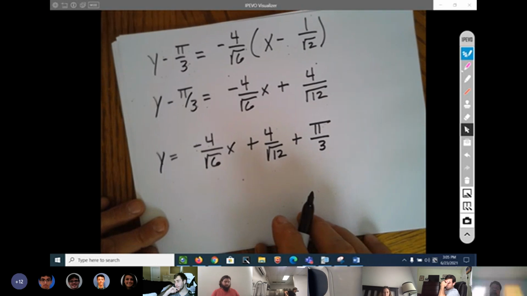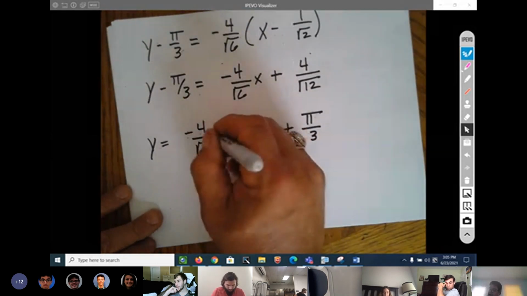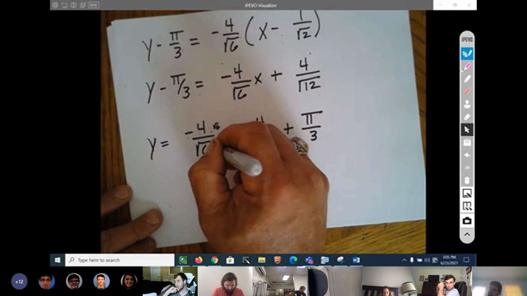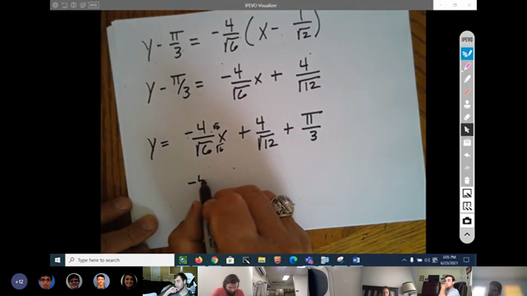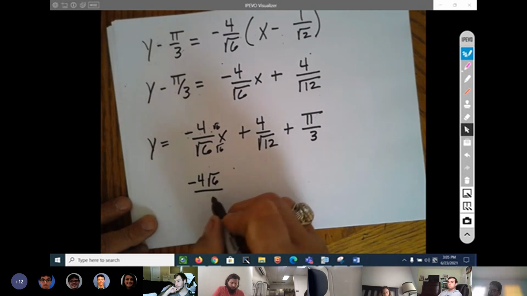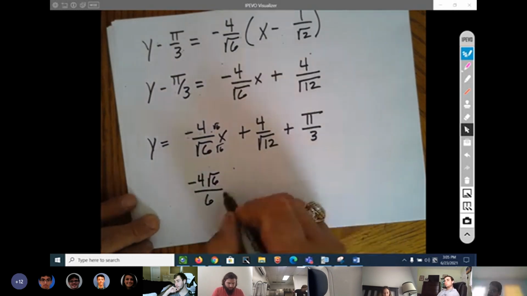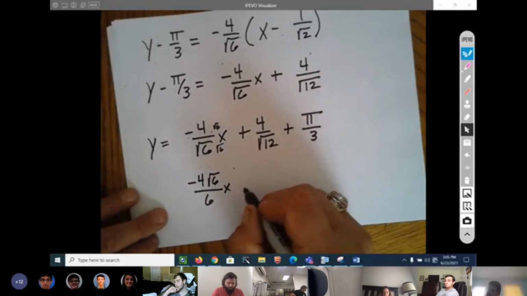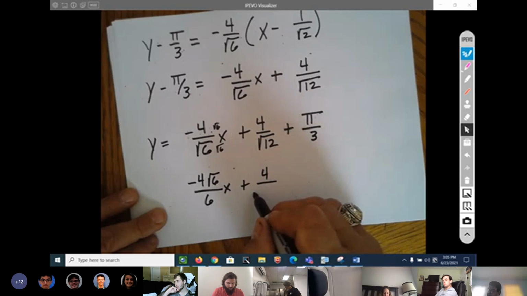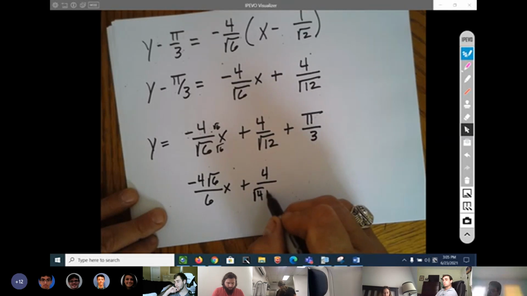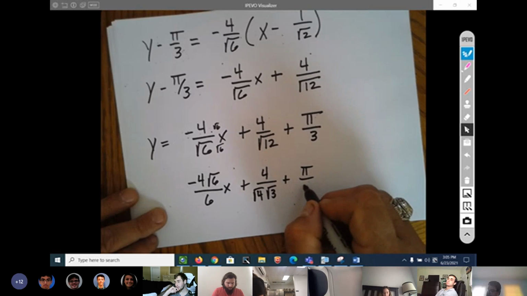And we could try to manipulate this a little bit. I would multiply this by the square root of 6 over the square root of 6. And that would give us negative 4 square root of 6 over 6 x plus 4 over square root of 4 square root of 3 plus pi over 3.